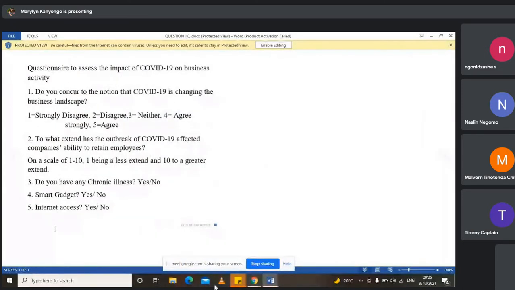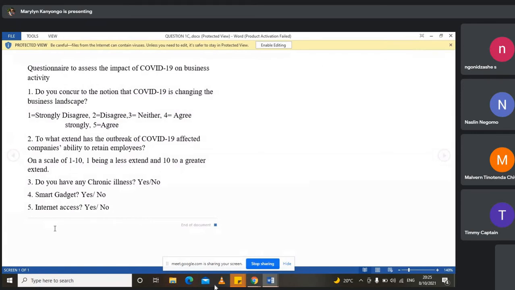Okay, so we're doing number 1C. It reads, write 4 questions that the group could include in a structured questionnaire to answer any of these research questions. So, since it is a structured questionnaire, I avoided open-ended questions. This is what we came up with. The first question is, do you concur with the notion that COVID-19 is changing the business landscape?